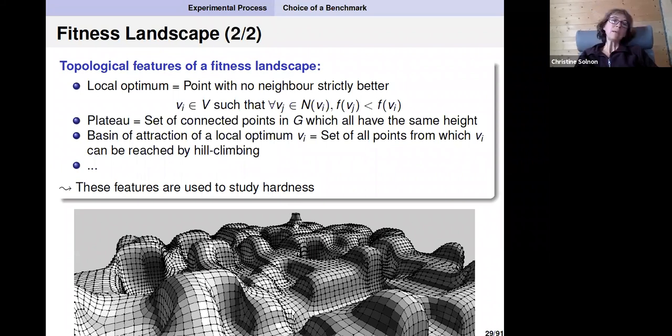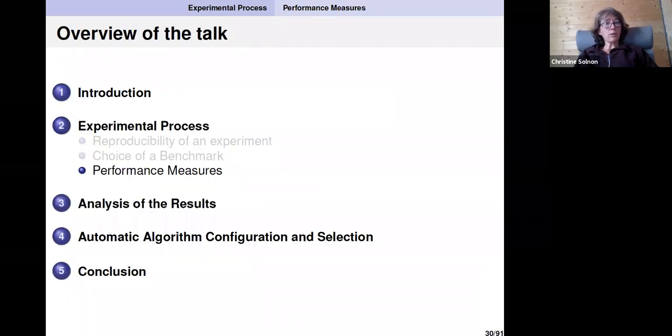So if I have only one basin of attraction in my fitness landscape, then any hill climbing algorithm using a simple greedy heuristic will solve the problem to optimality. So when we have meta-heuristic approaches, and when we want to study the hardness of instances for these meta-heuristic approaches, we compute this kind of topological features. Okay, no question on benchmark instances?